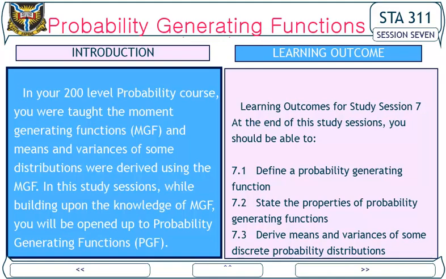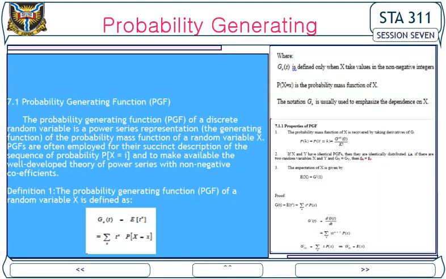At the end of these study sessions, you should be able to define a probability generating function, state the properties of probability generating functions, and derive means and variances of some discrete probability distributions. Probability generating function (PGF).